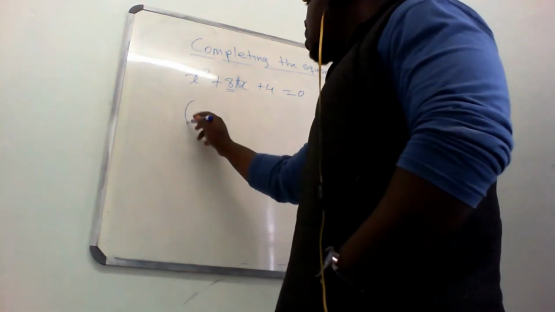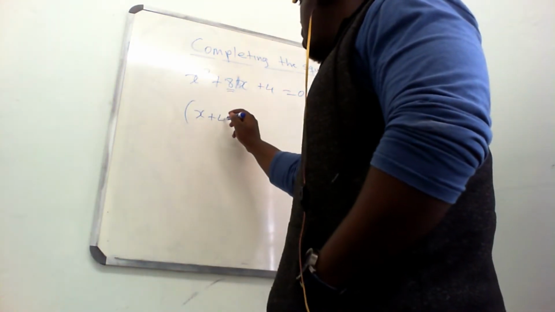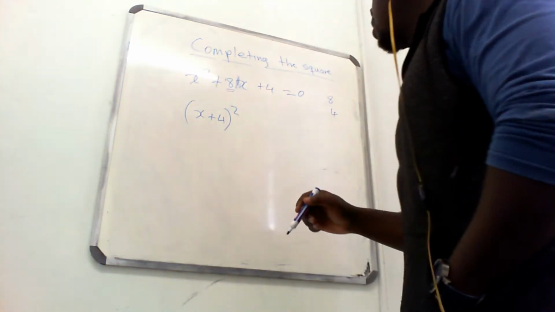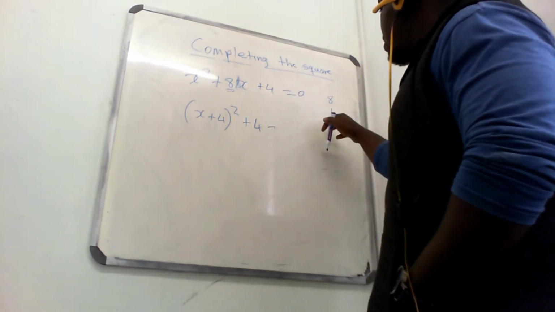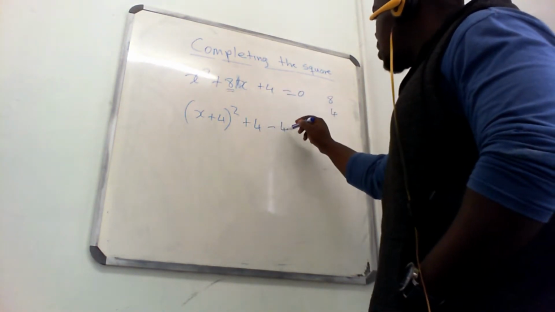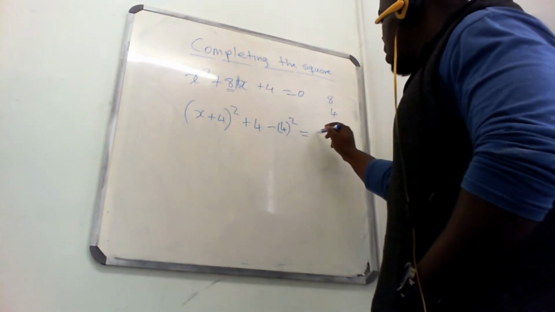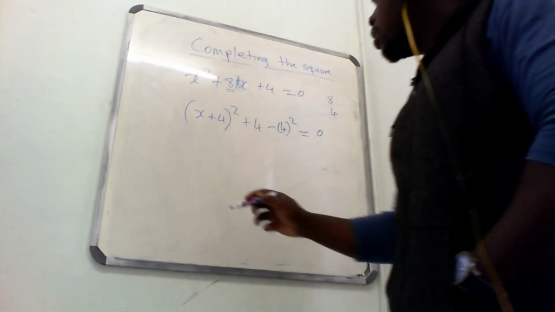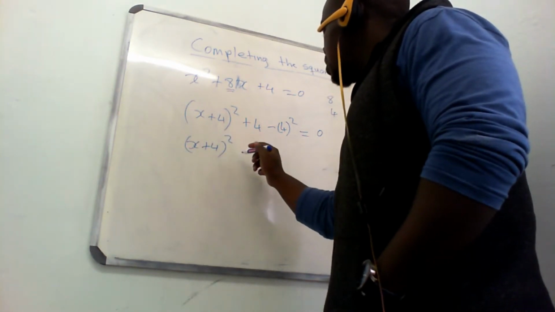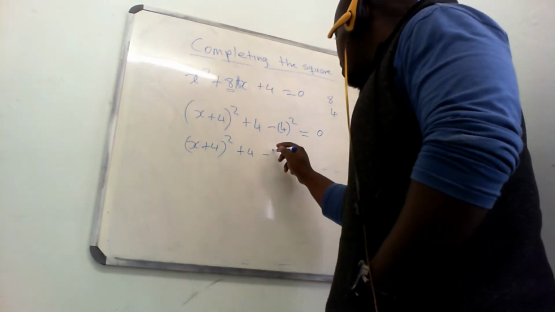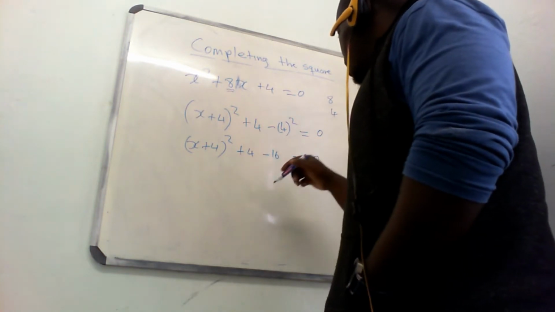So in our brackets we'll be having x plus 4 squared, and then plus this 4 and minus this number squared. So minus 4 squared, this is equal to 0. And then x plus 4 squared plus 4 minus 16 is equal to 0.